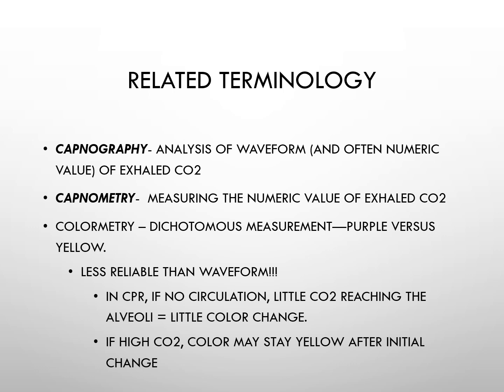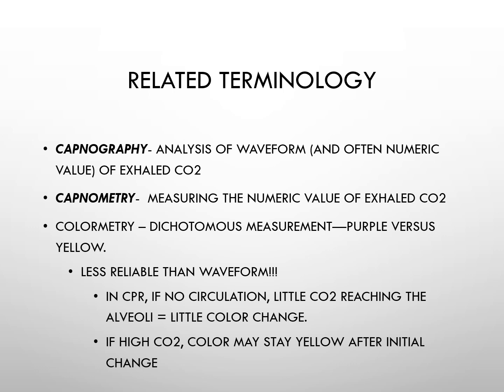For instance, in CPR, you have carbon dioxide buildup in the tissues and in the blood, but that blood may not be circulating very well. As a result, there's little CO2 that may be reaching the alveoli in order to be eventually exhaled. So there can be little color change despite the fact the endotracheal tube is in the proper place.